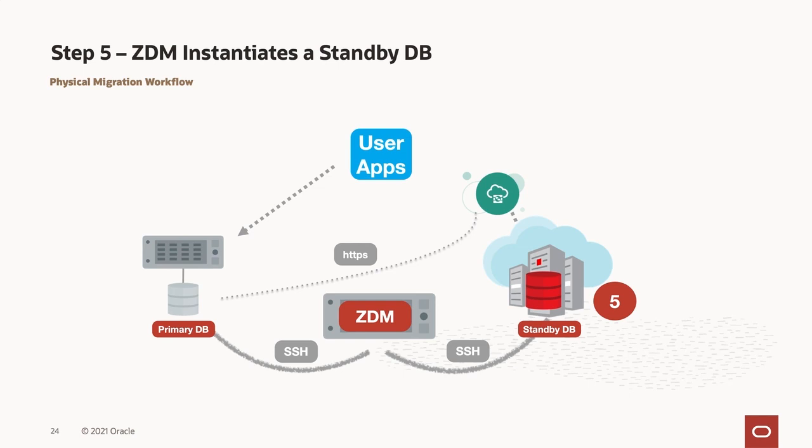The primary database is still connected to the main application and there are still workloads going on. So that standby database is still out of sync, but we have a great process going on, and we have to move on to the next step where ZDM will actually sync up and do the rest of the work.